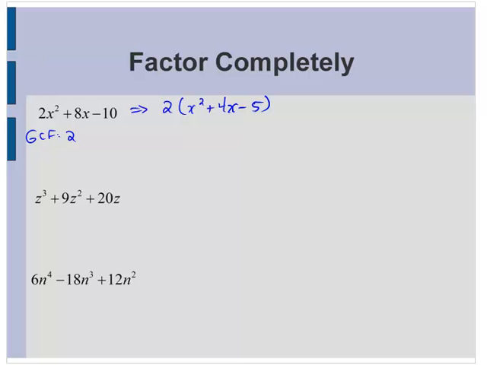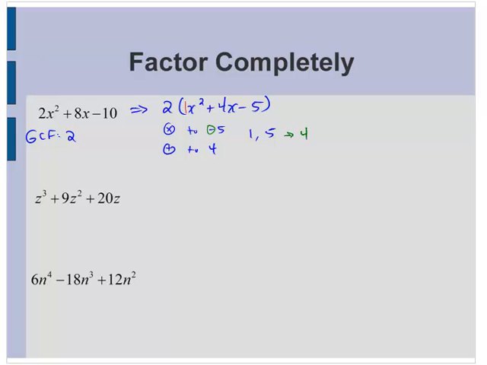Now I'll focus on factoring the trinomial, because now that trinomial has a lead coefficient of 1. So I need a pair of numbers that multiplies to negative 5 and adds to positive 4. The only factor pair for 5 is 1 and 5. And focusing on the signs, since I have different signs, these do have a difference of 4.